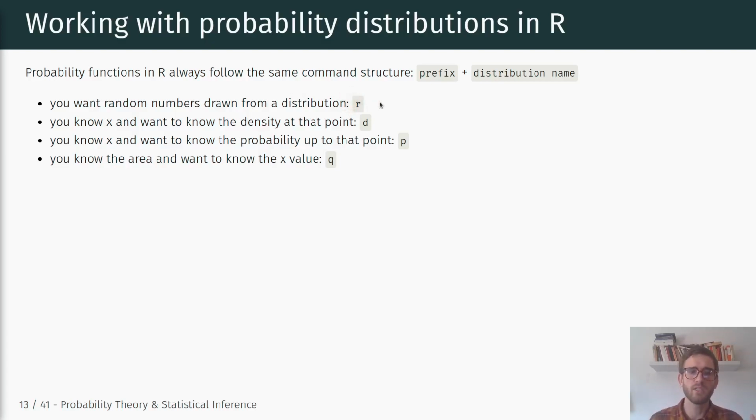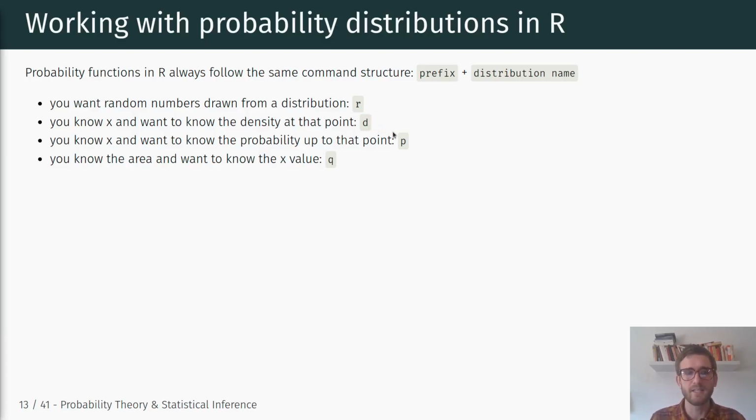If you know a certain value of x and you want to know the density at that point for a continuous random variable, that's a density. For a discrete random variable, that would be directly the probability mass, essentially. That's d for density.